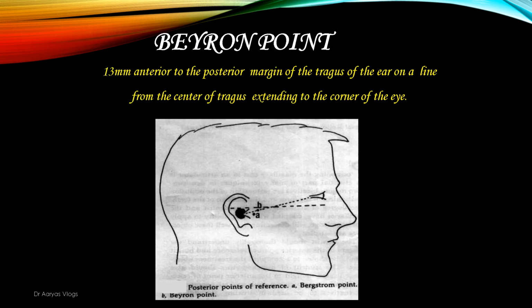Next one is the Bayern point. In this picture, this one is the Bayern point. It is 13 mm anterior to the posterior margin of the tragus of the ear, on a line from the center of the tragus extending to the corner of the eye.